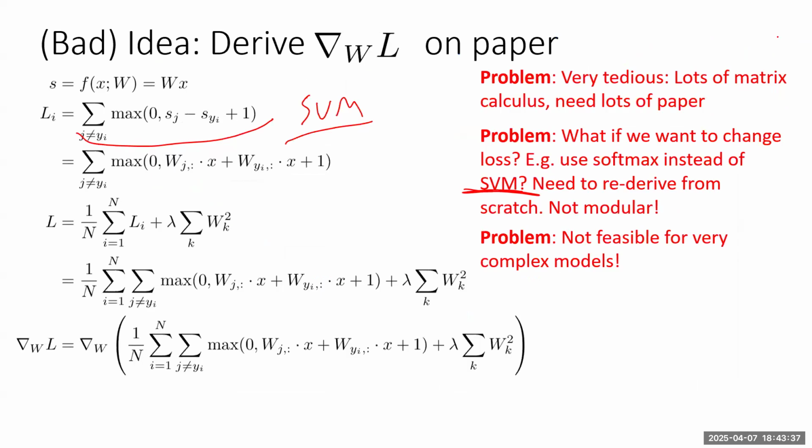This is the derivative of the hinge loss, which is nothing but a maximum function. The maximum function can be divided into two cases, and we differentiate each case separately from the other. It's very straightforward.